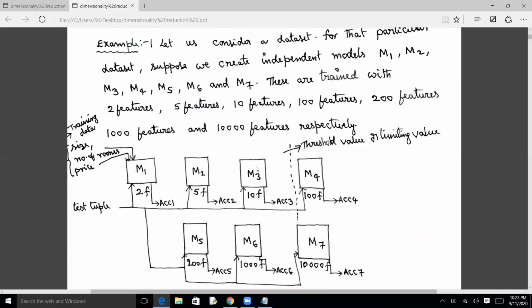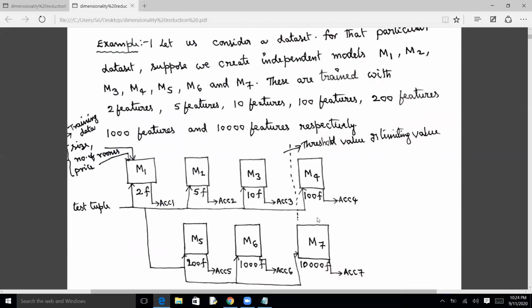All these models are independent of each other; they don't depend on one another. M1 is an independent model, M2 is another independent model, and so on up to M7.